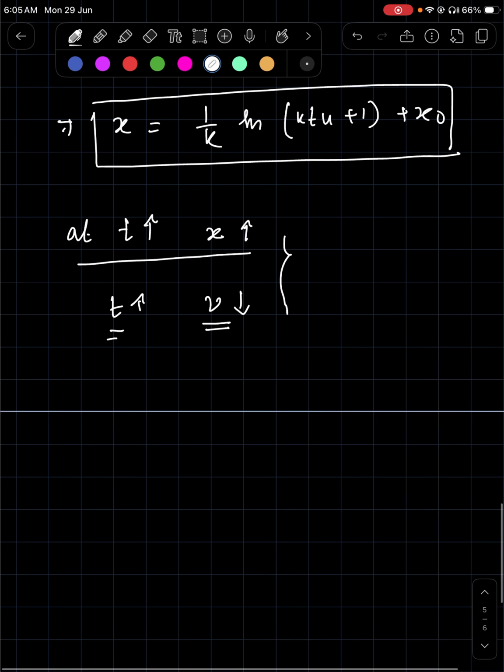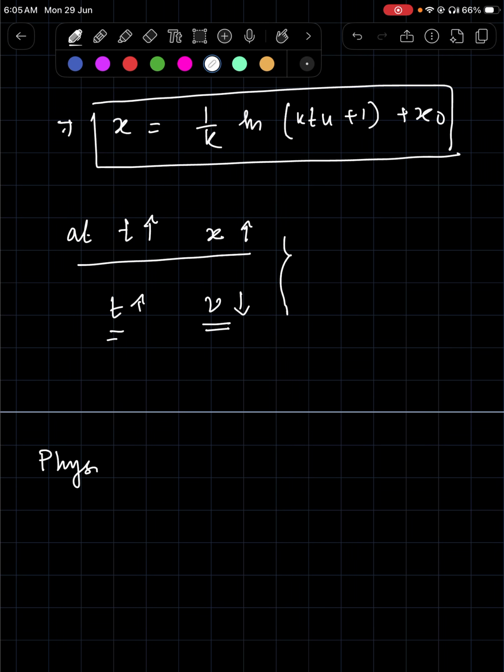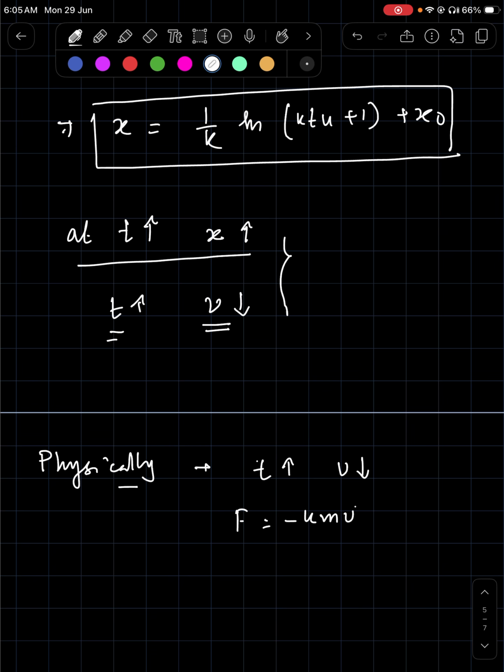This is a very surprising result. What is going on, the physical significance of this picture, is that when t is increasing, the velocity is decreasing. If the velocity is decreasing, the force itself, that is k minus mv square, is decreasing because v is decreasing, right?